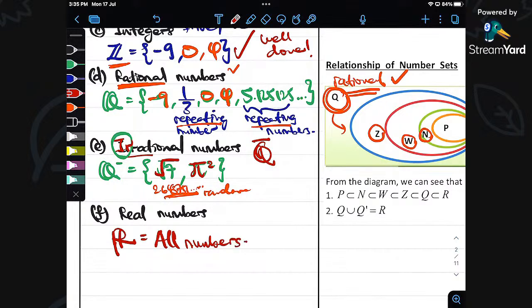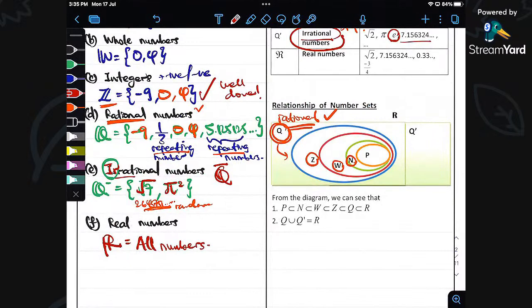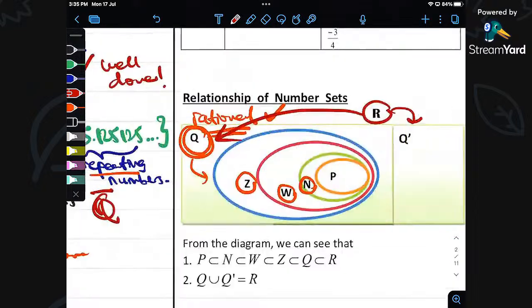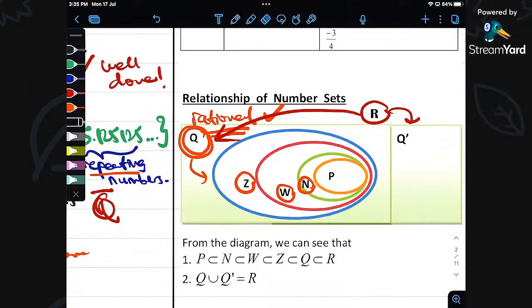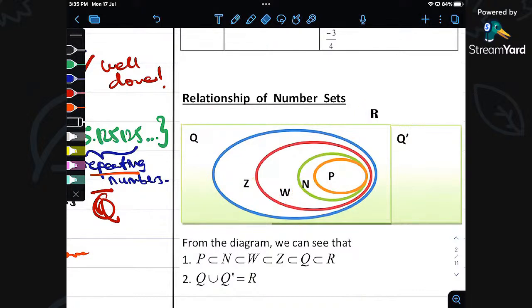Real numbers is just including the irrational and the rational numbers. So if you can see the relationship here, let me padam balik semua ni. So R means the real numbers, where the real numbers consisting of irrational and rational numbers.